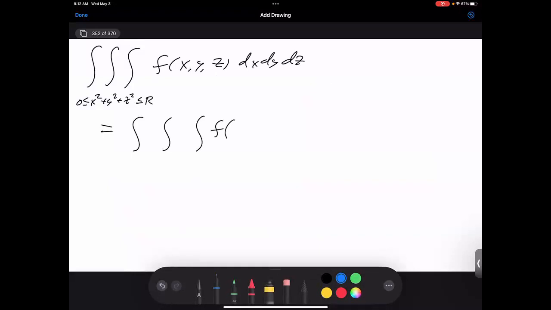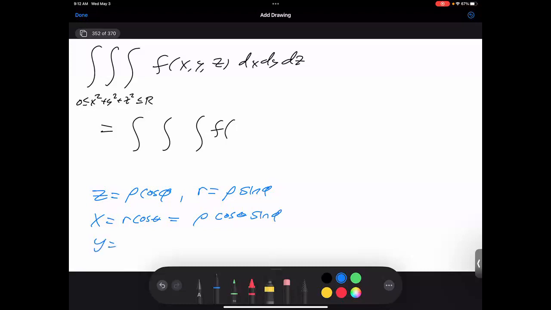So z was equal to rho cosine of phi. And remember, we had r was equal to rho sine of phi. x is r cosine theta, so that's going to be rho cosine theta sine of phi. y is r sine of theta, so it's going to be rho sine of theta sine of phi.